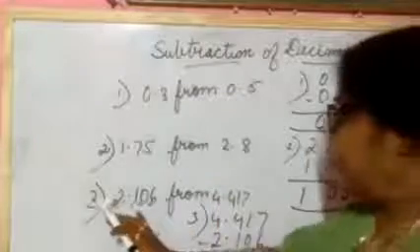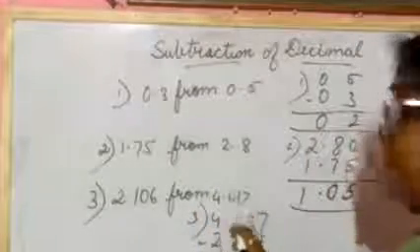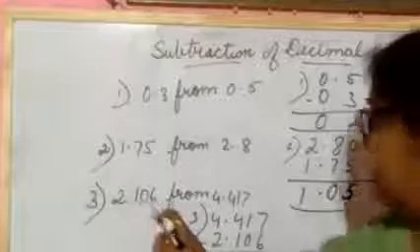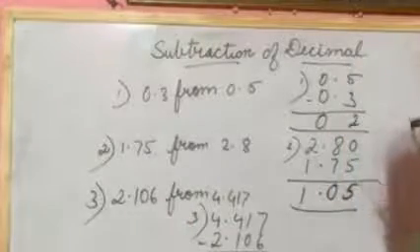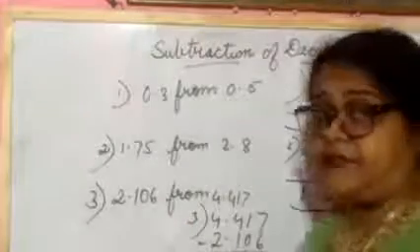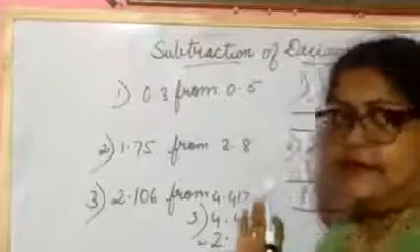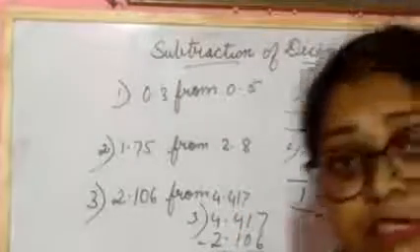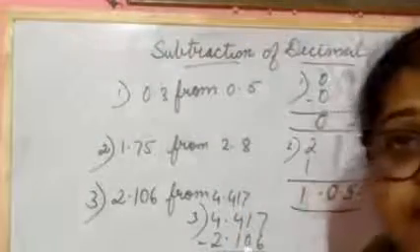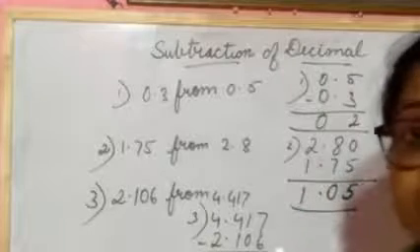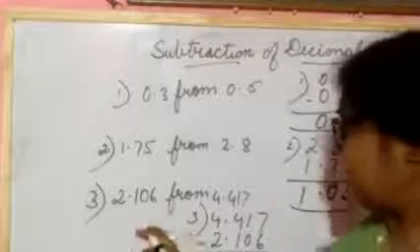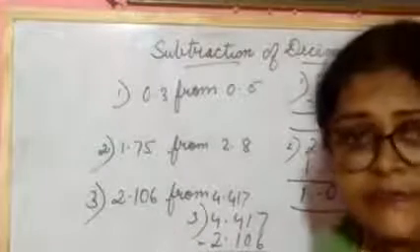Okay. From this number, meaning this number you have to write first, then you will write this number. So you will start your subtraction from the right-hand side. First, which place is there? The thousandths place. Tens, hundredths and thousandths.